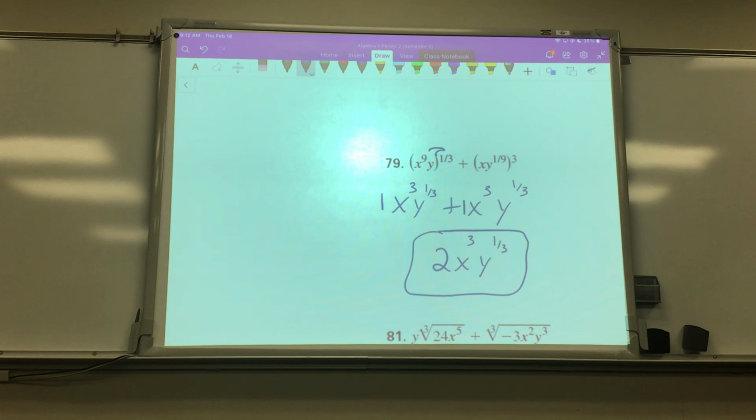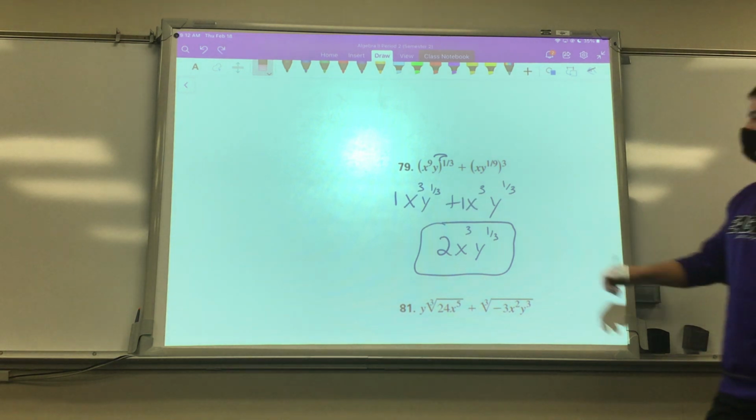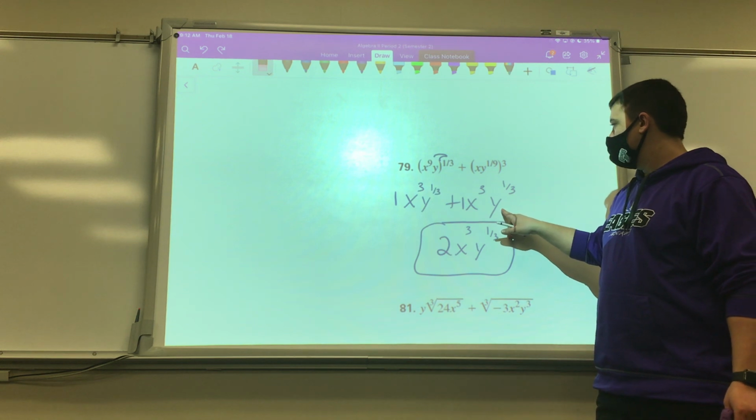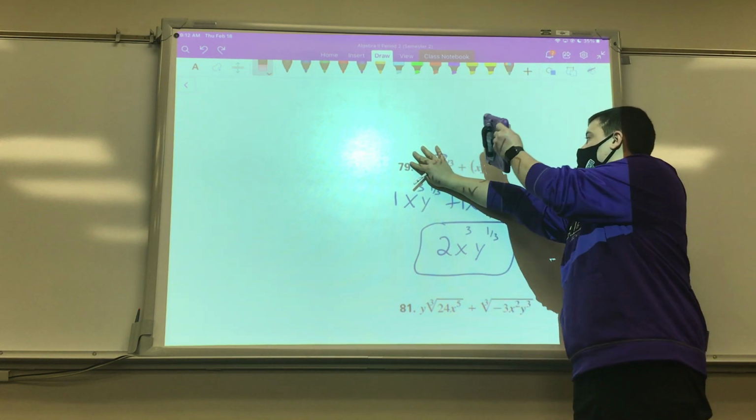But why isn't it 2x cubed, 2y to the 1/3? Because they're together, they're not separate.